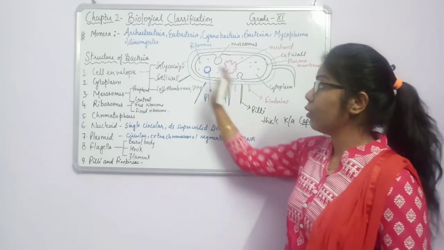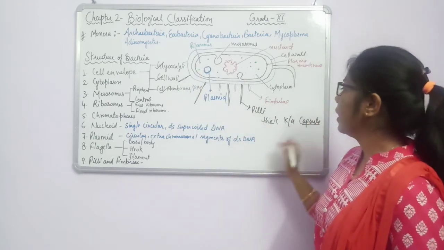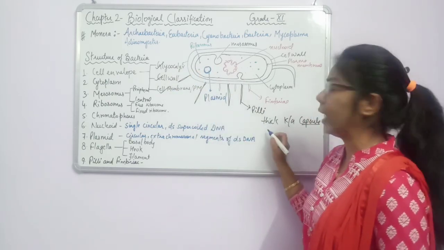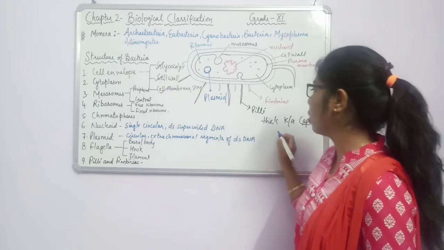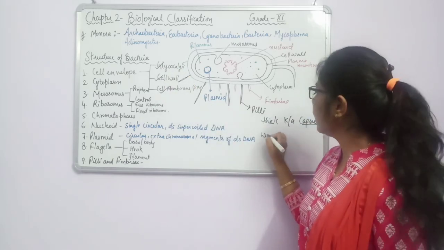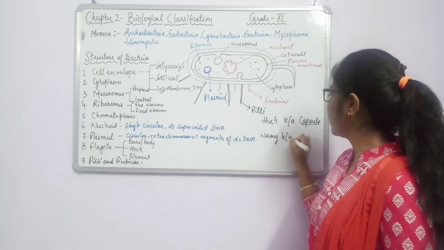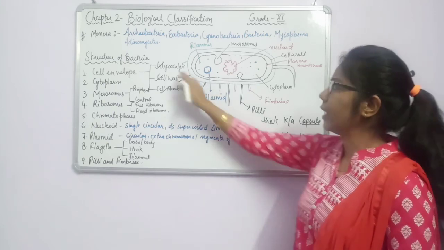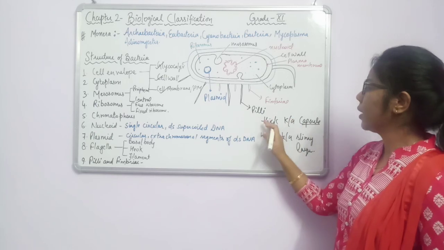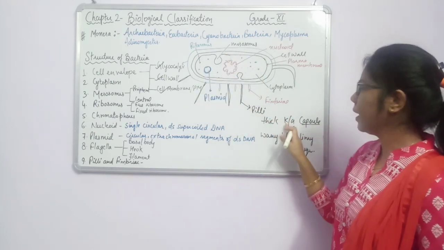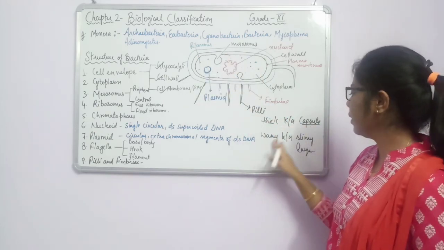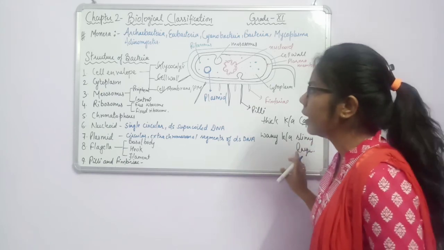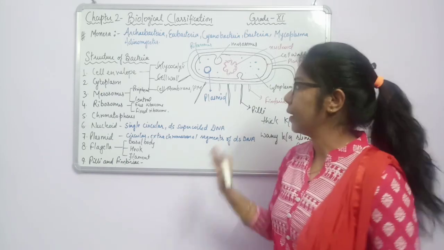Sorry, not cell wall, it's a glycocalyx. But whenever this glycocalyx is thin, or in a wavy structure, it is known as slimy layer. So this glycocalyx can be of two types. When the layer is thick, it is known as capsule. When it is wavy, it is known as slimy layer or slimy membrane.